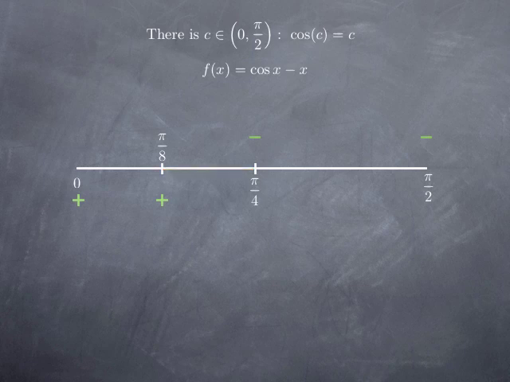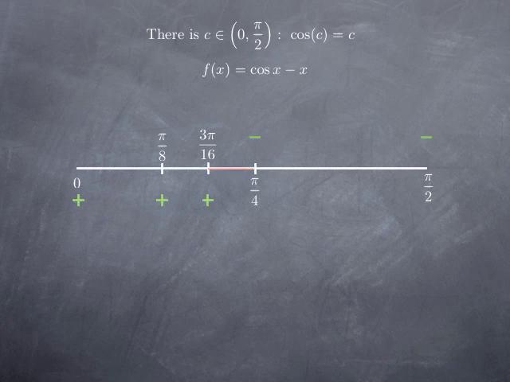The midpoint of pi over 8 and pi over 4 is pi over 8 plus 2 pi over 8, 3 pi over 8 divided by 2, 3 pi over 16. If we plug that in the function cosine x minus x, we're going to get something around 0.24, in other words a positive value, which tells us that the 0 we are looking for is in this half of the interval pi over 8, pi over 4.